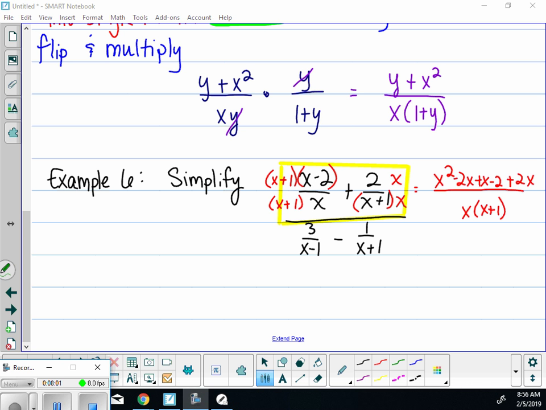If I simplify that, I have a negative 2x, a positive 1x, and a positive 2x. So I would end up with x squared, minus 2x plus 2x will cancel, leaving us with just plus x minus 2 all over x times x plus 1.